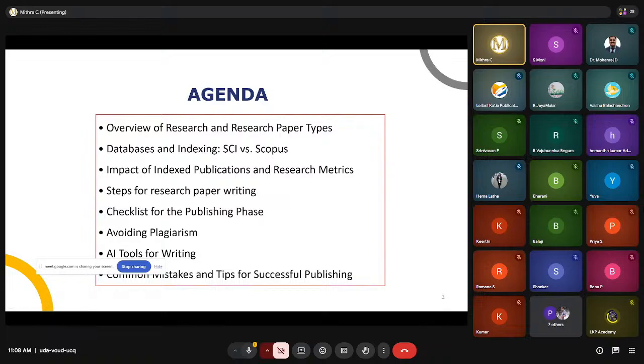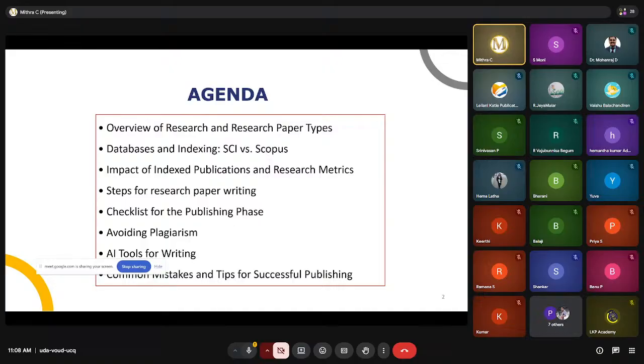So the main agenda of today's workshop is we are going to discuss what research entails and an overview of major research paper types, like original articles, review articles and case study articles.